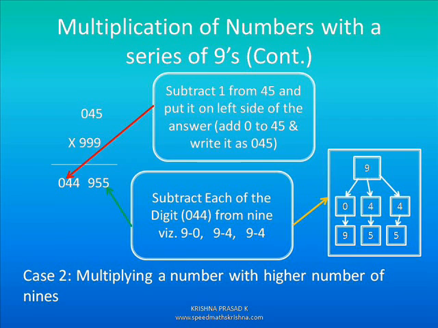Now subtract each digit of 044 from 9, that is 9 minus 0 is 9, 9 minus 4 is 5, 9 minus 4 is 5. When you combine the left and right side answers, that is 44,955.